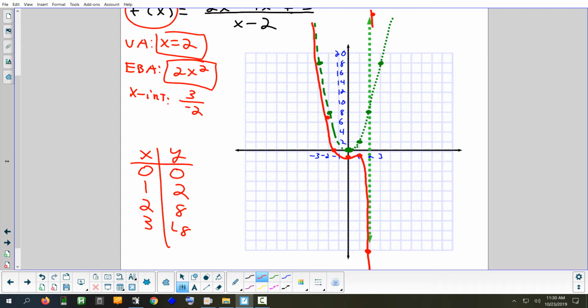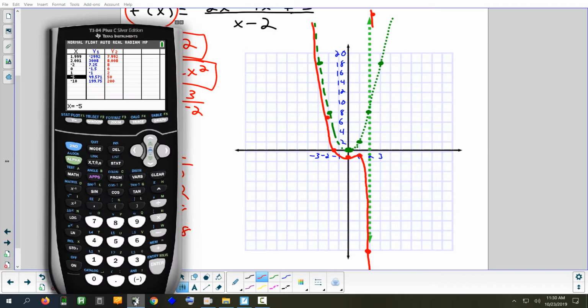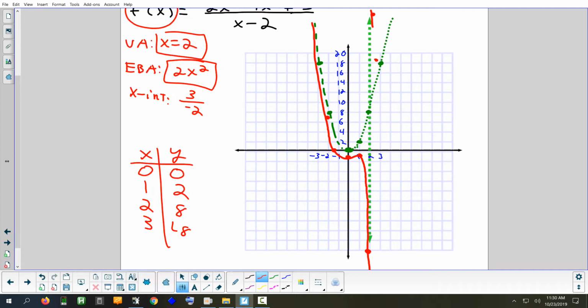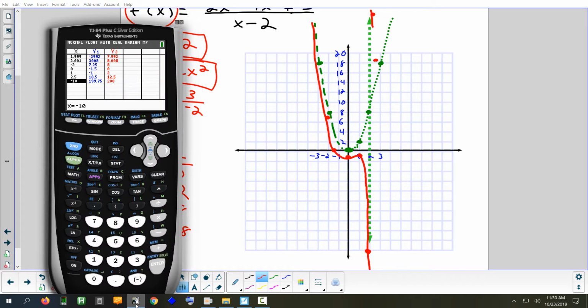So if you want, you can get a couple more points. Let's try 2.5, but I don't know if we're going to be able to do it. 18.5. So 2.5 is 18.5. So right in there. Now, I don't think I can do 3. I think 3 is already going to be way off my graph. Well, I can still kind of do it.